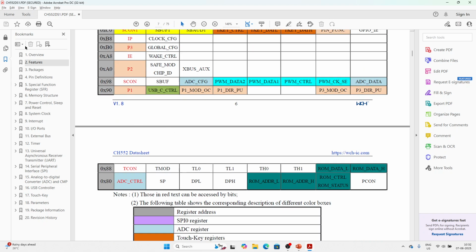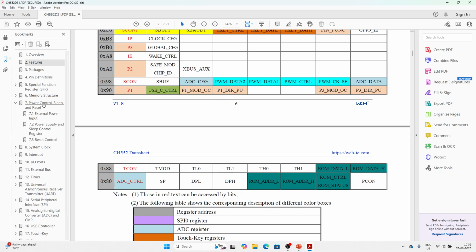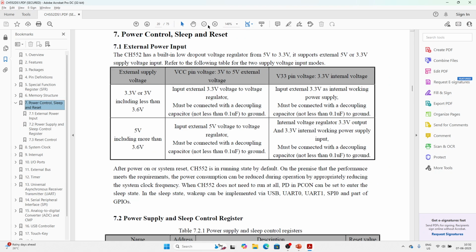So let's take a look at, yeah, here, power control and sleep. Power control, external power input. It talks about CH552 having a built-in LDO, 5 volts to 3 volts. It supports external 5 volts or 3 volts power input referred to the external power supply.